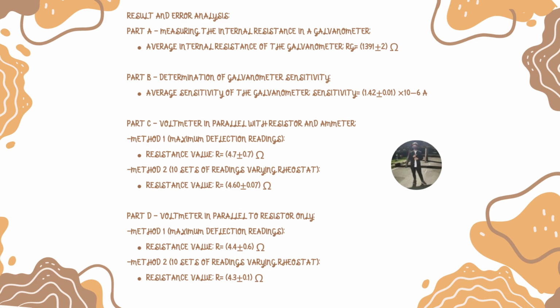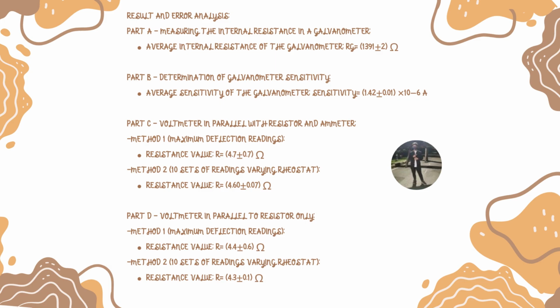Parts C and D of the experiment utilized two different methods to determine the resistance value. In Method 1, readings of the maximum deflection of the voltmeter and ammeter were recorded, whereas in Method 2, 10 sets of different voltmeter and ammeter readings were taken by varying the rheostat.